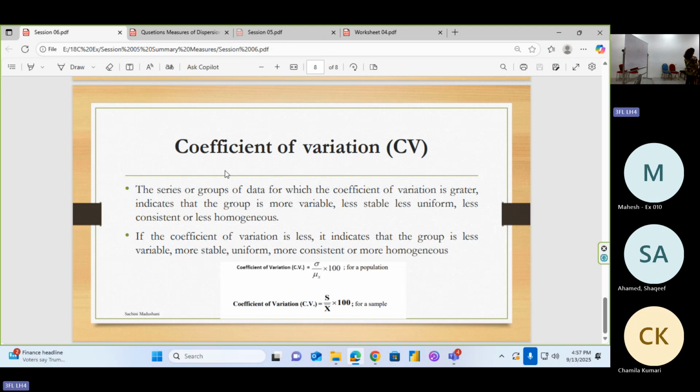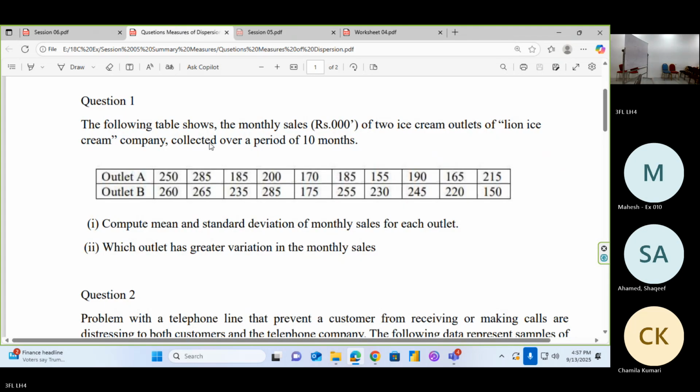It's clear. Okay. Then tell me, the question asks which outlet has the greater variation? Is variation high in outlet A or outlet B? Outlet A. Outlet A has the greater variation. Which outlet has the more consistent sales? Outlet B, by the lower CV value.